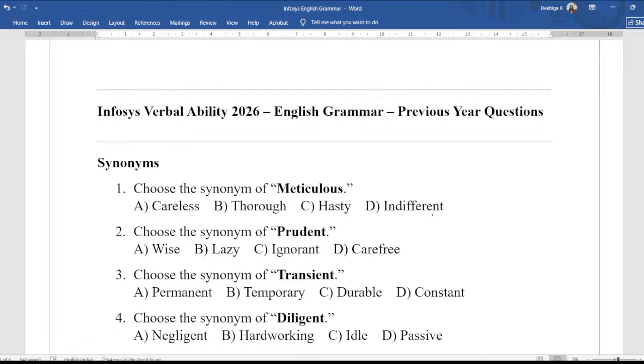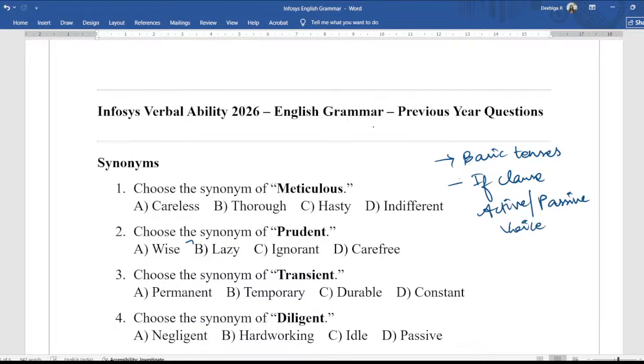So what knowledge you would need here is good knowledge in basic tenses, if clause, active passive voice, right?